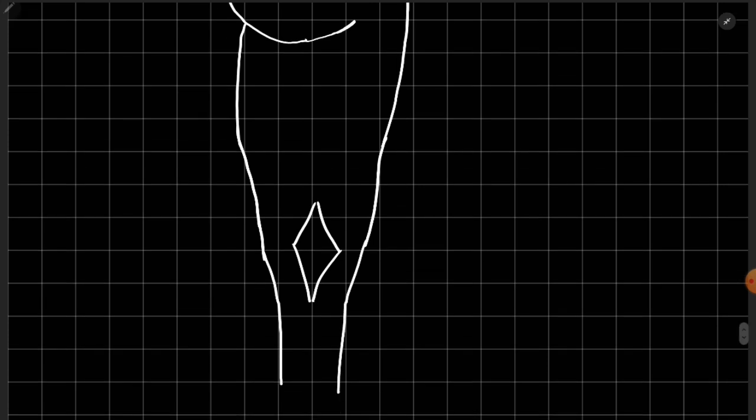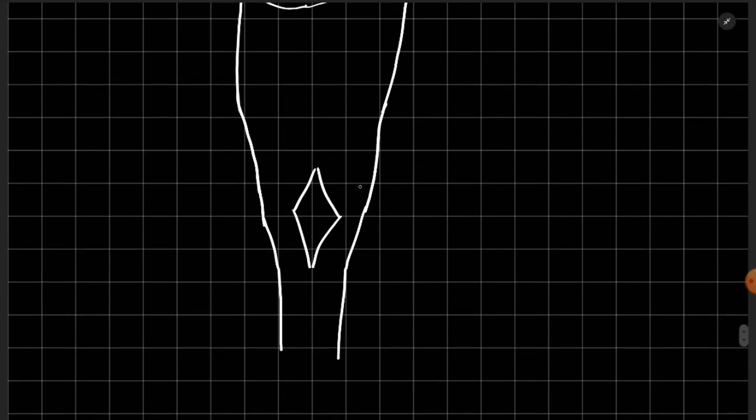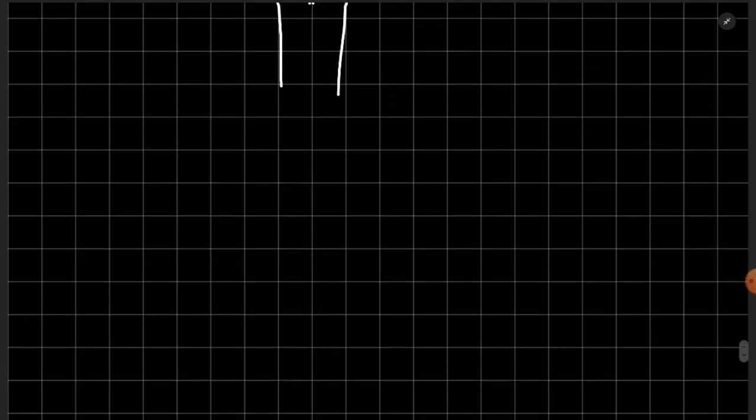Anteriorly this rhomboid fossa is the knee joint. So basically this is the popliteal fossa. In the definition of the popliteal fossa itself, it is a rhomboid fossa. Now talking about the boundaries of the popliteal fossa.